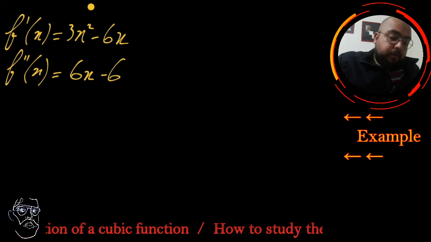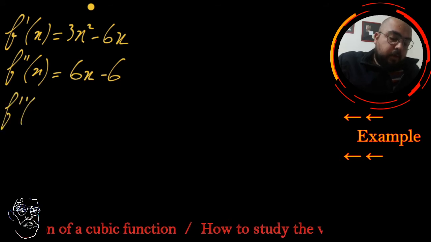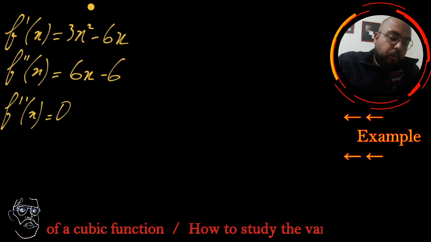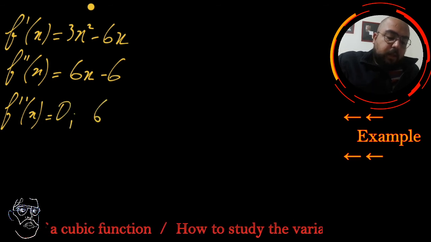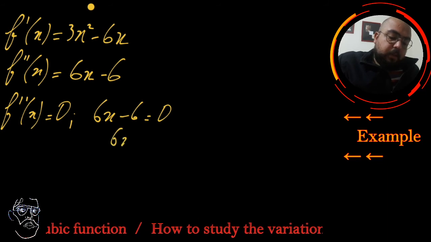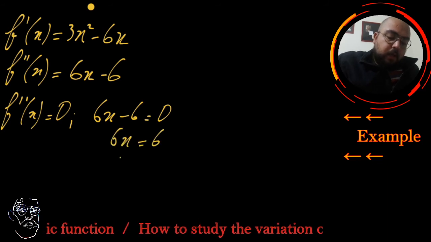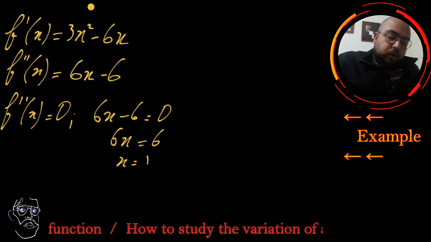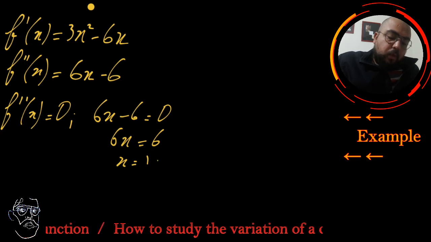So you will have to say f double prime of x is equal to 0, which means 6x minus 6 is equal to 0, 6x is equal to 6, x is equal to 1.